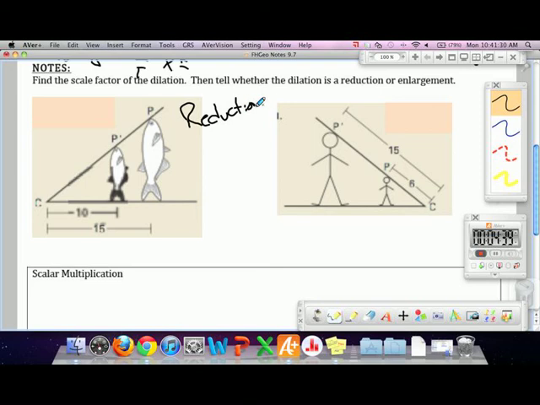And what's the scale factor of this reduction? How about as a fraction? 1/3? 2/3. Again, we can get the scale factor by taking the image and dividing it by the pre-image, which in this case gives us 10 over 15, which is a scale factor of 2/3.